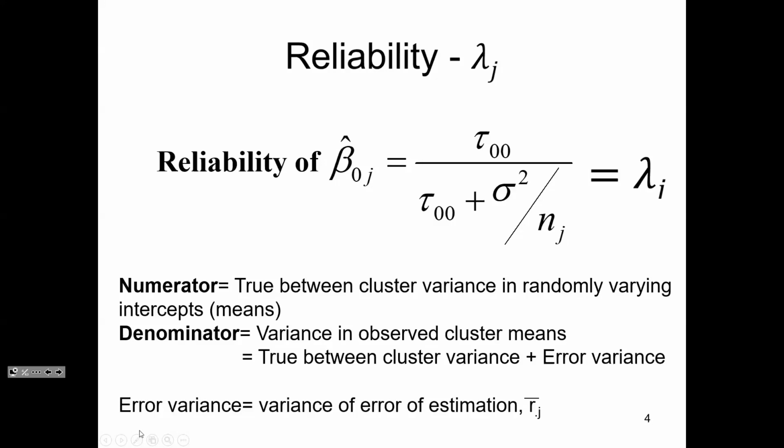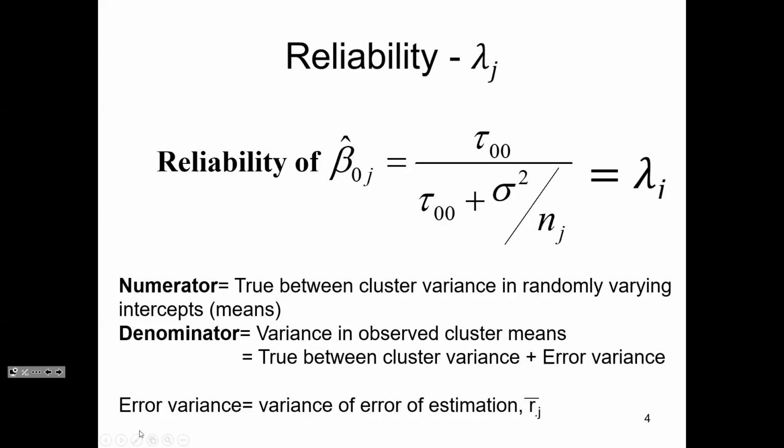So imagine you've got a cluster with 5 people and another cluster with 500 people. For the cluster with 5 people, the reliability is tau naught over tau naught plus sigma squared divided by 5. So maybe the reliability is like 0.3 for that cluster. In the cluster with 500 people, it's tau naught over tau naught plus sigma squared divided by 500, so that term is way smaller than when divided by 5.